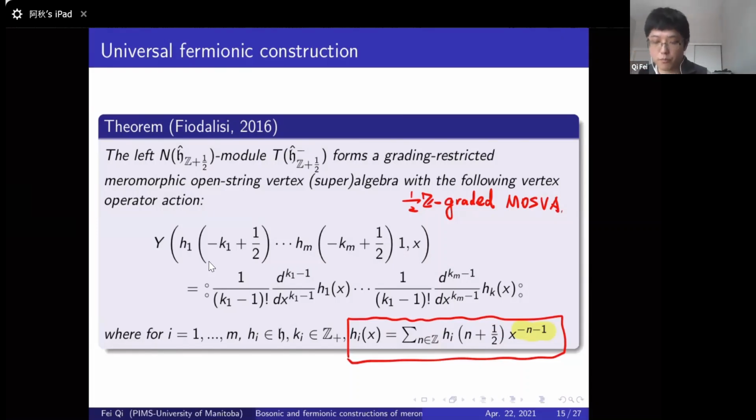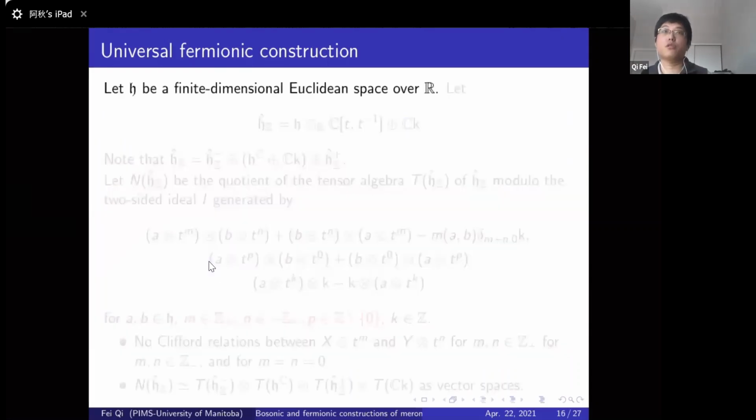So let me actually come to the module part. The construction for the module part just needs to start with the Z-graded space. So again, we start from the finite dimensional Euclidean space, and then we let H hat Z be defined in the same way as the original H hat, but with a Z over here to denote some difference.